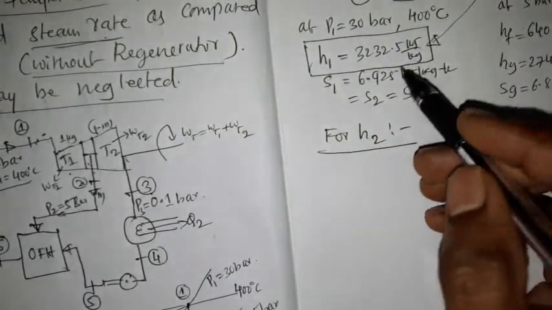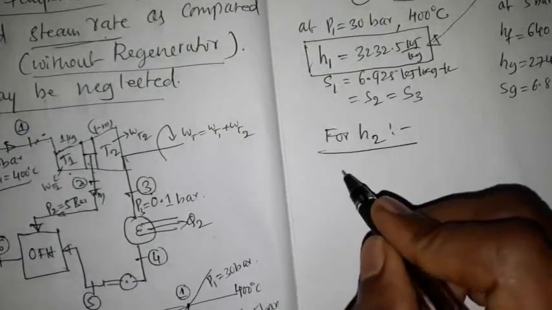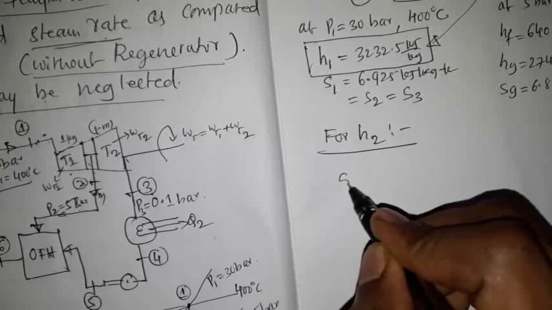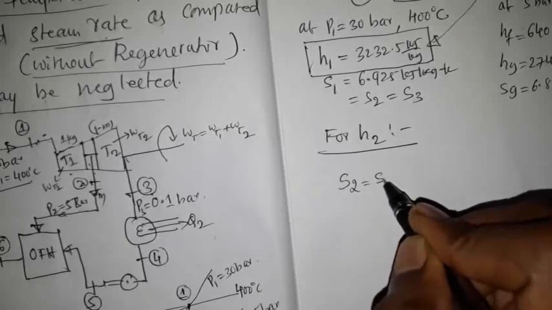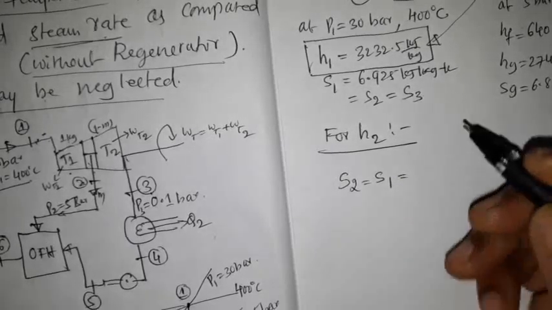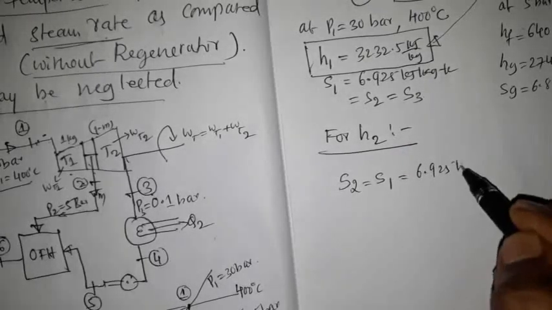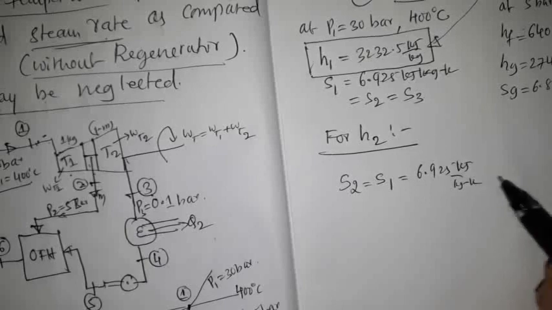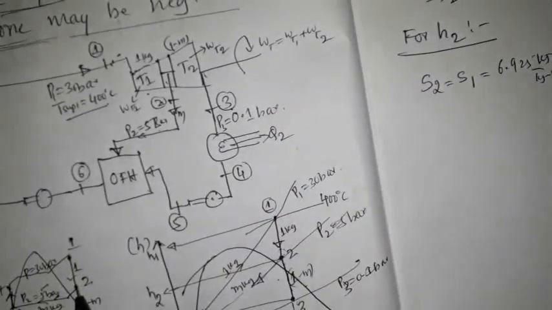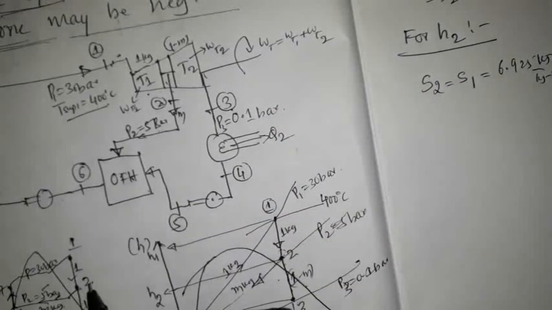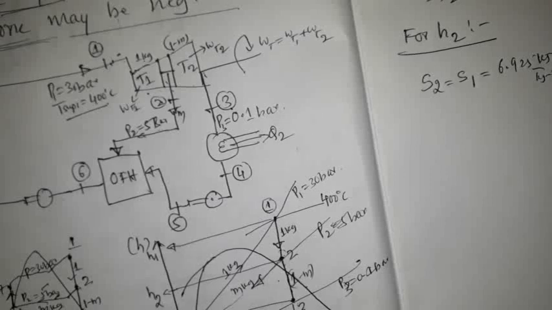We have understood that at state 2, S2 is equal to S1, which is equal to 6.925 kilojoule per kg Kelvin. That is the entropy value at state 2. Now let's check the Sg value at 5 bar.